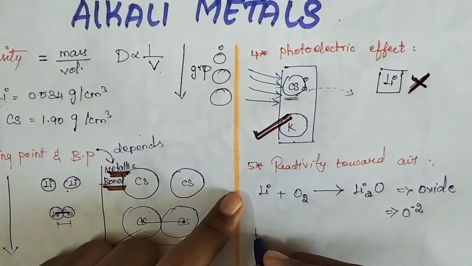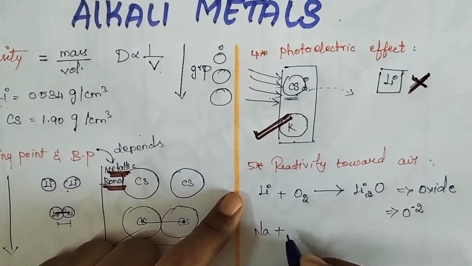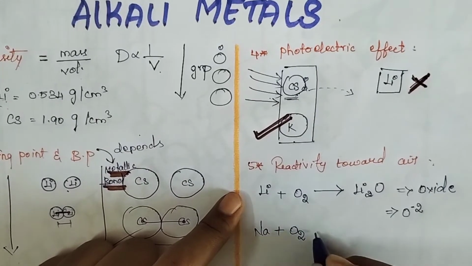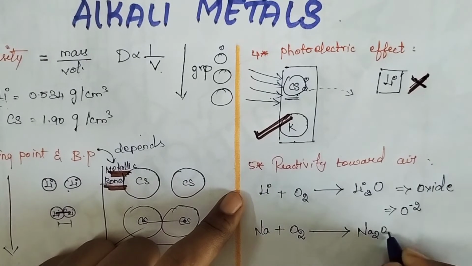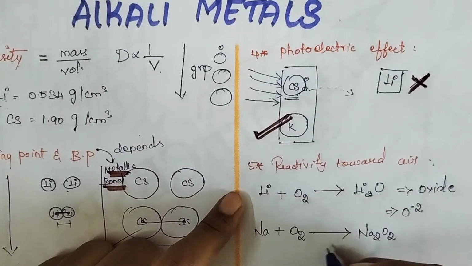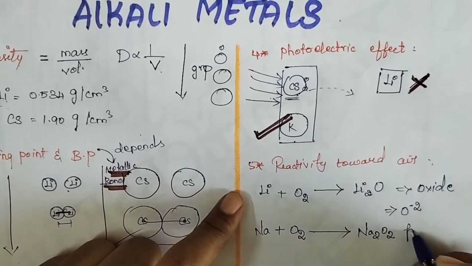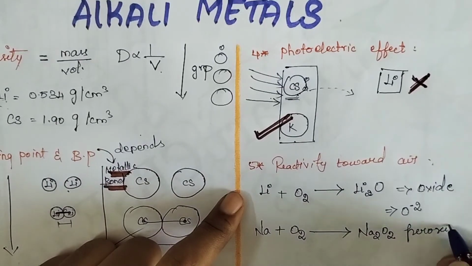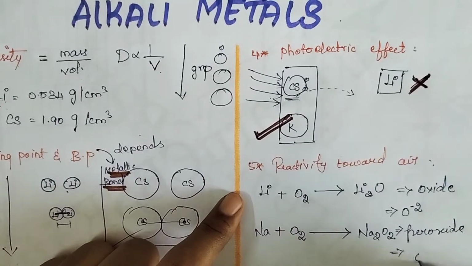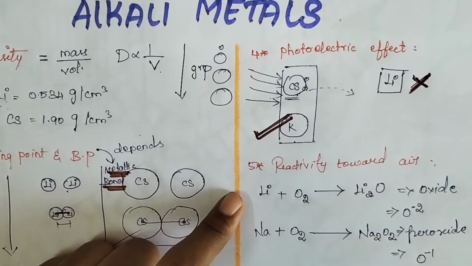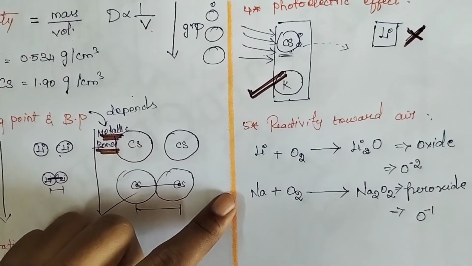Now, sodium reacts with oxygen to form disodium dioxide, that is disodium peroxide. Sodium peroxide, you can say simply. This is oxygen with oxidation state O minus 1.